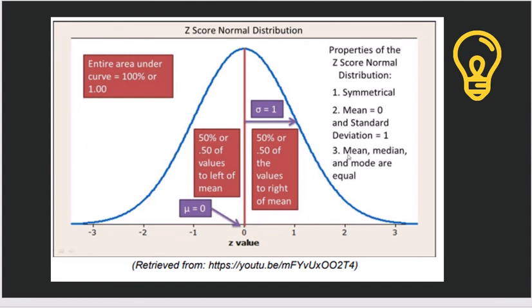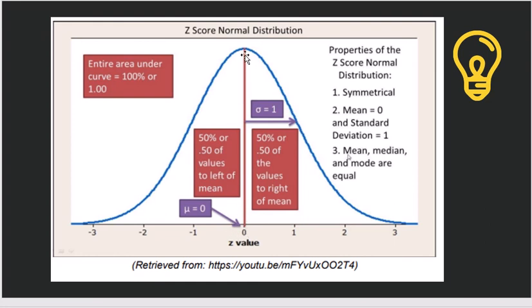So for you to understand, this is your z-score normal distribution. This is a normal curve. The area of the curve is 100% or 1.0. So this will be your zero value.